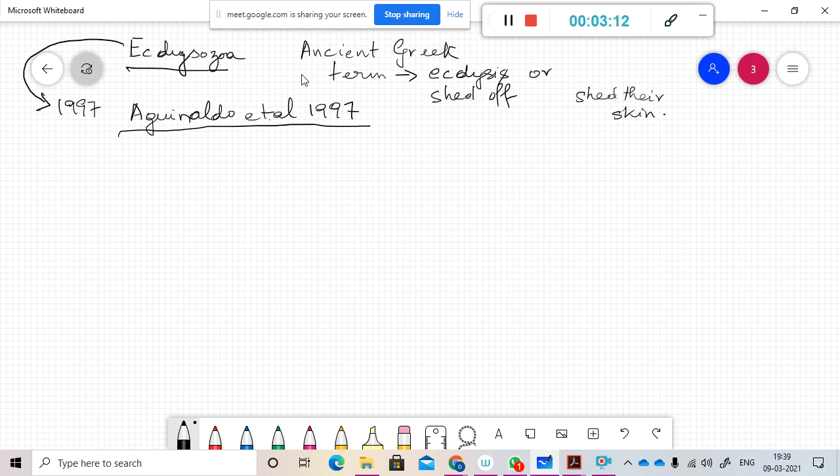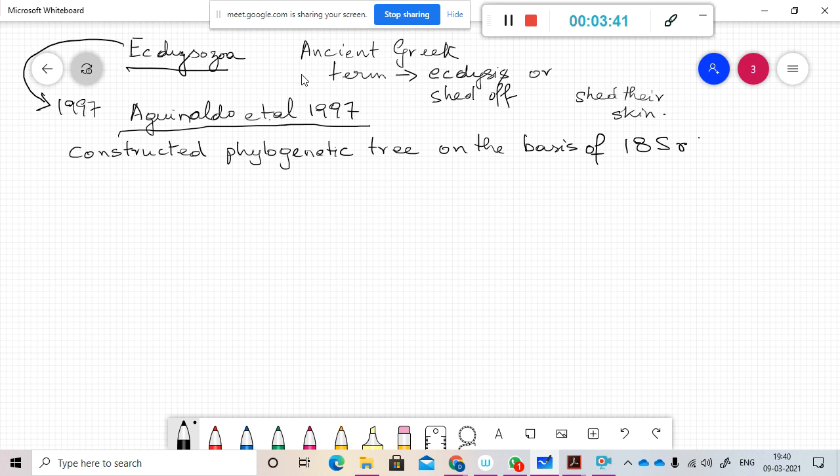So what they actually did was they constructed a phylogenetic tree on the basis of 18S ribosomal DNA sequence.